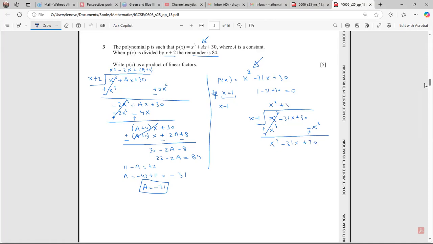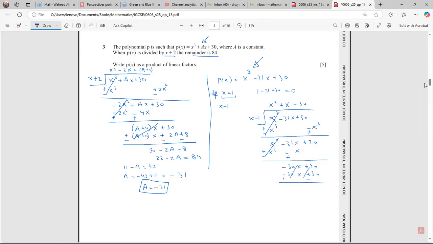Next, I will multiply with x. It will be x square minus x. Again, plus minus, it cancels. So minus 31x plus x. So this is minus 30x plus 30. So next is minus 30. It has become minus 30x and plus 30. So I have left everything.